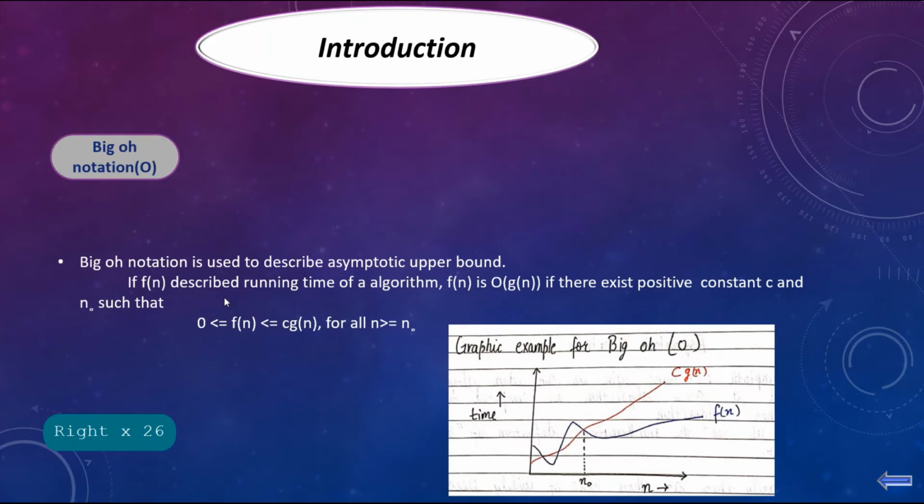Big O notation is used to describe the asymptotic upper bound.